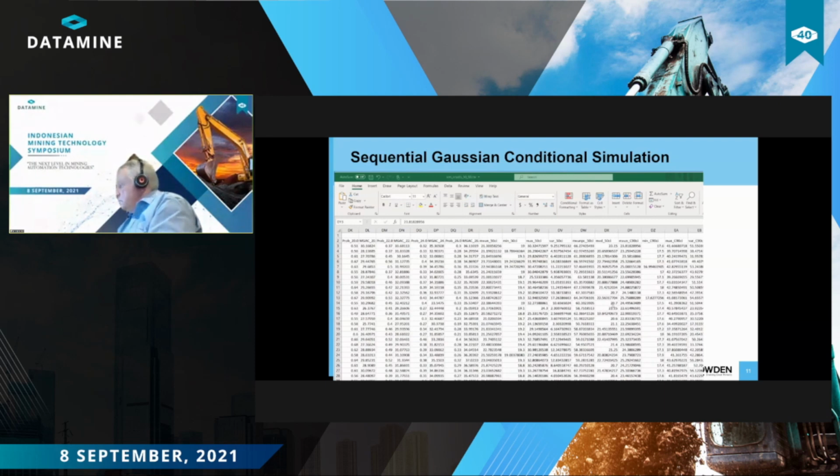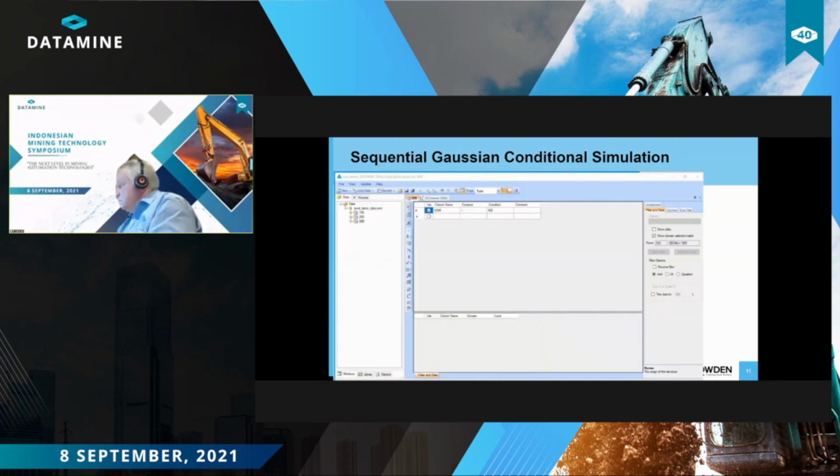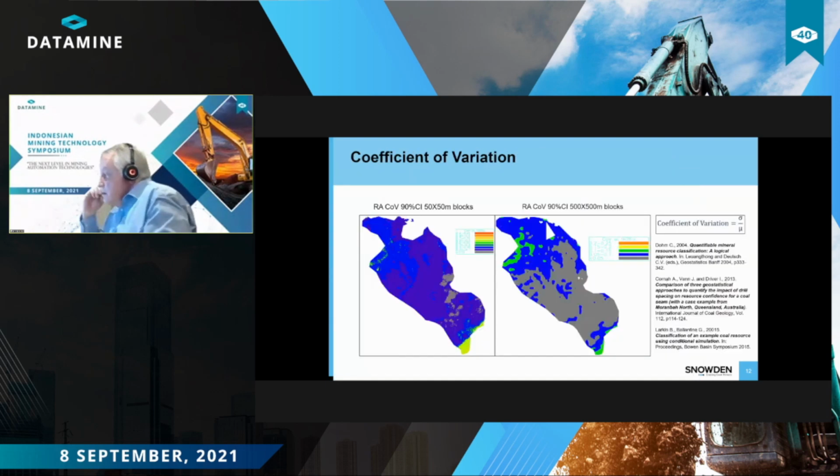And this data we will contour in Mindscape to help us with our resource classification. For the last part. Okay, so we're nearly at the end. So here's the output loaded into Mindscape and contoured.